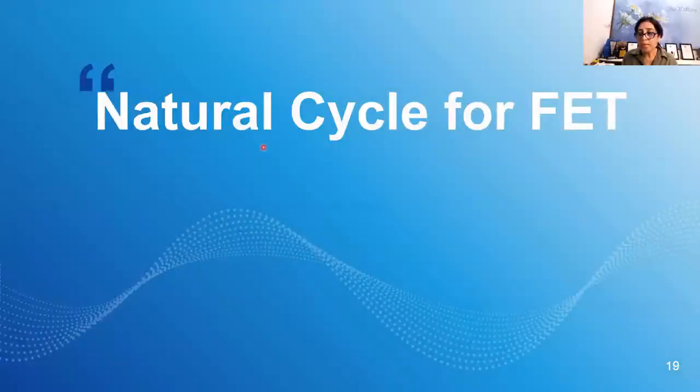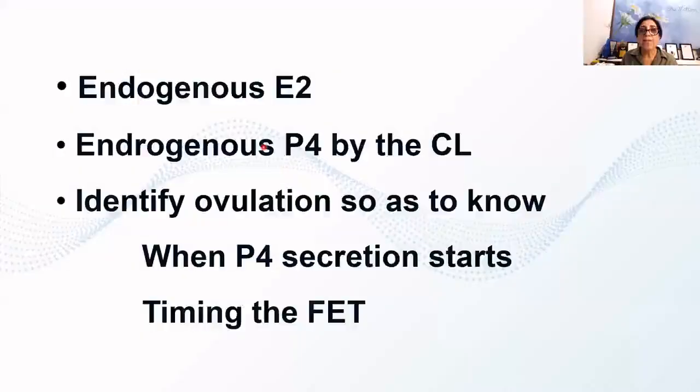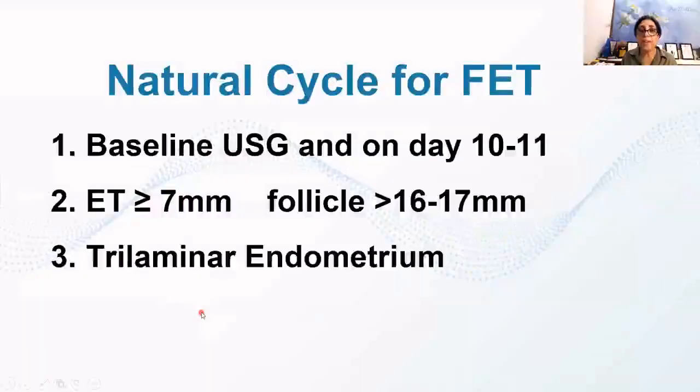So now, keeping all this in mind, when we're doing a natural cycle for frozen embryo transfer, there is the endogenous estrogen, then the endogenous progesterone from the corpus luteum, and then we have to identify ovulation so as to know when progesterone secretion starts, so that we can time the FET. So we need a baseline ultrasound and then one depending on her previous records of how long her cycle is.